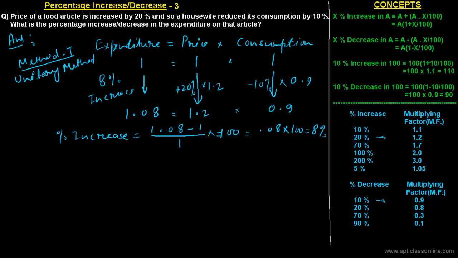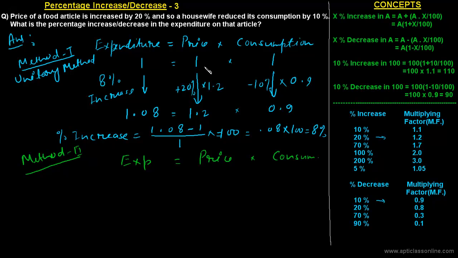Okay, we can solve this example with the help of another method, method 2. For method 2 it is the same, expenditure is equal to price into consumption.